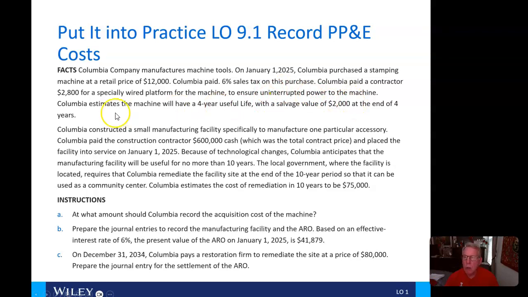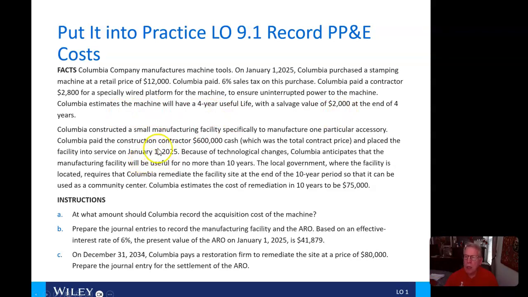Columbia paid a contractor $2,800 for a specially wired platform for the machine to ensure uninterrupted power to the machine. Columbia estimates the machine will have a 4-year useful life with a salvage value of $2,000 at the end of 4 years.